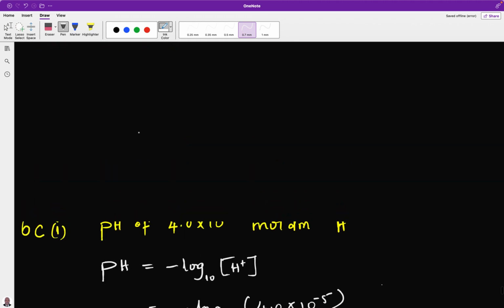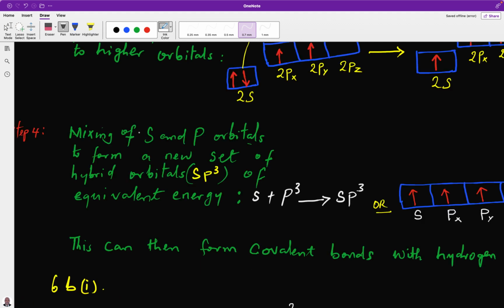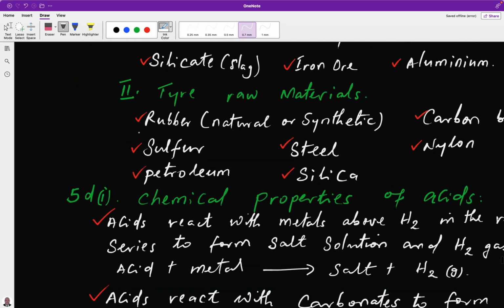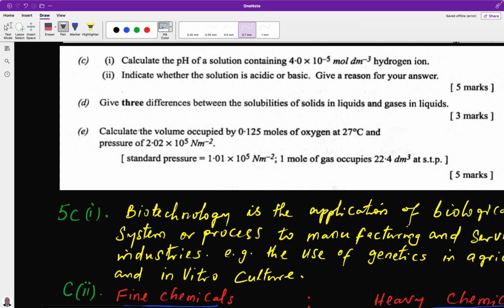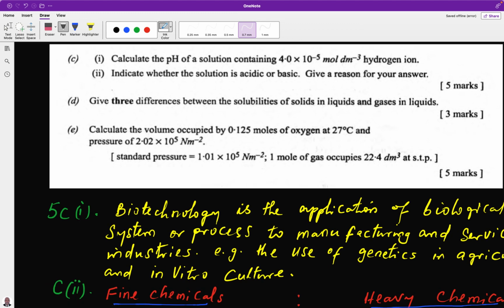Okay, let's go to the other section of the question, 6D. The 6D part of the question says: give 3 differences between the solubilities of solids in liquids and the solubilities of gases in liquids.